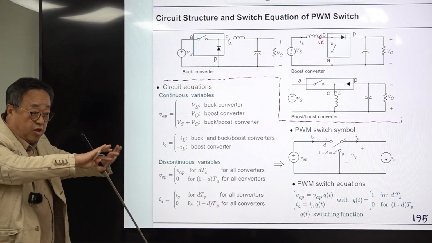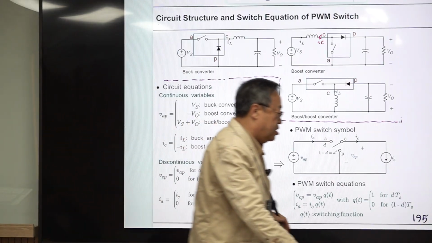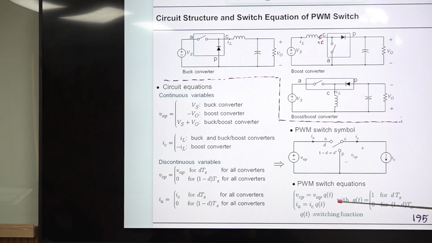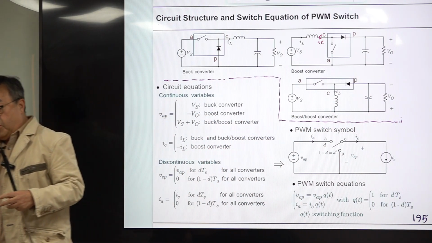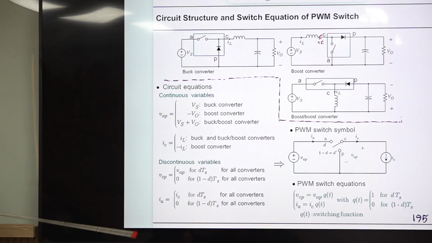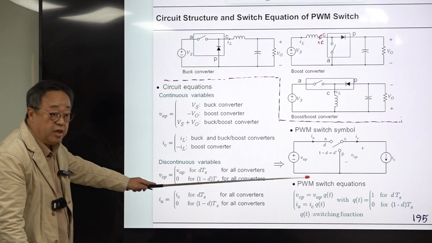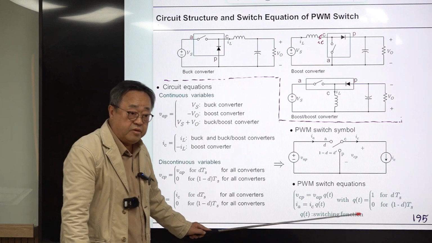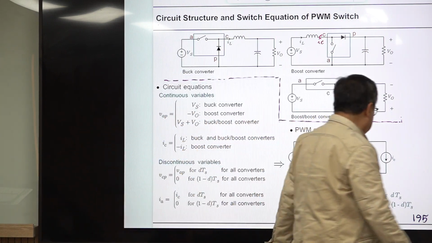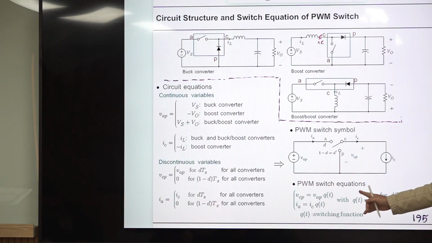We write this equation in this fashion because these equations, along with this definition of the switching function, completely describe the circuit structure, or voltage-current relationship, of this PWM switch. This is a very nice representation, but it does not mean much by itself.